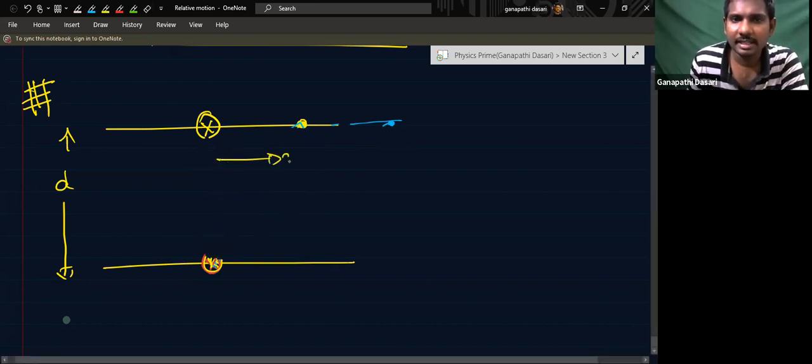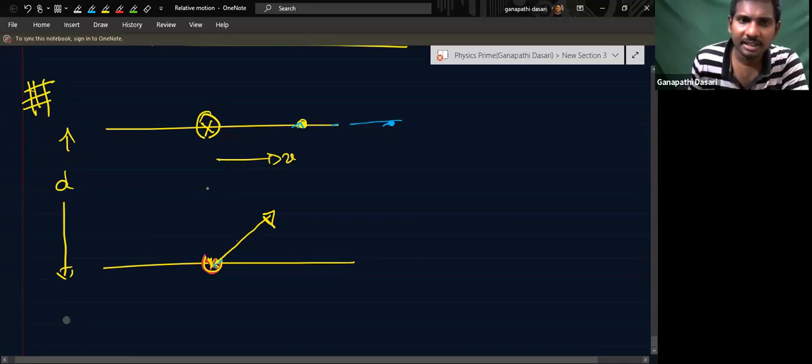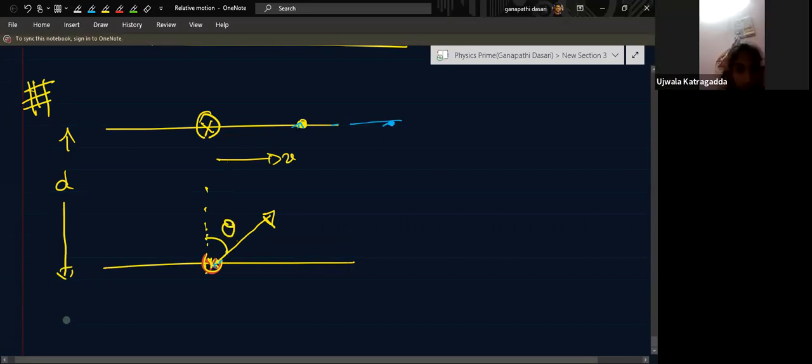The river is going like this. So now the man, I assumed, has directed the velocity like this. With the vertical, the man has given an angle, theta.